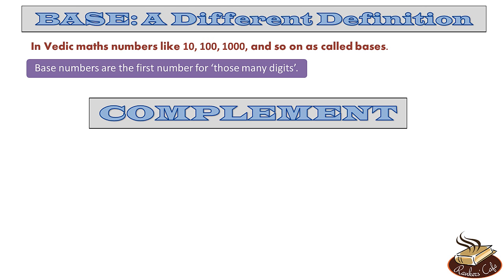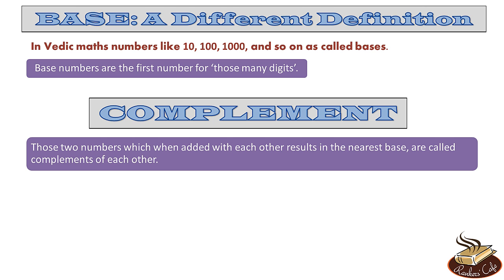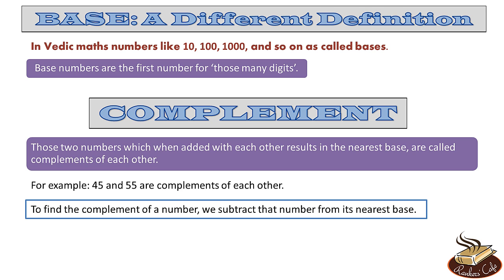Let's move on to complements now. Those two numbers, which when added with each other result in the nearest base, are called complements of each other. For example, 45 and 55 are complements of each other as their sum results in the nearest base, that is 100. So, to find the complement of a number, we subtract that number from its nearest base.